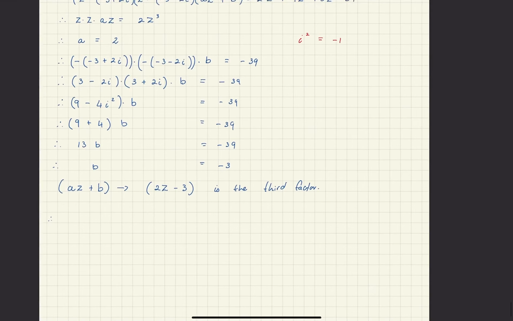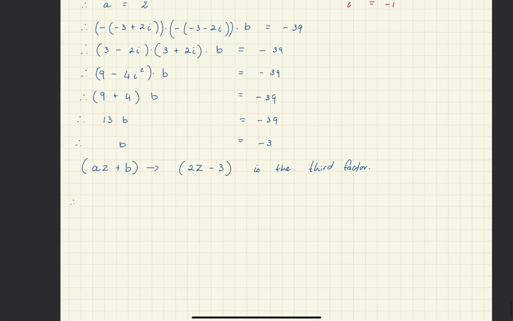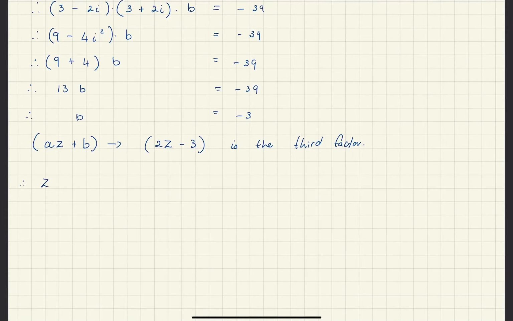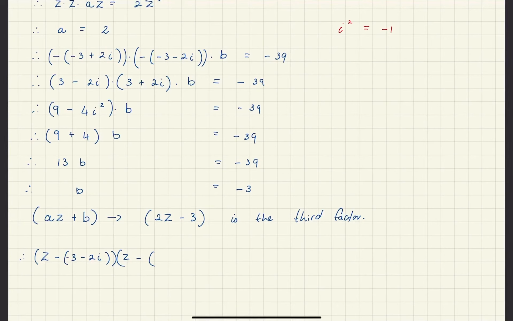So we've got z take 3 minus 2i, z take negative 3 plus 2i, and 2z minus 3, of the 3 factors.